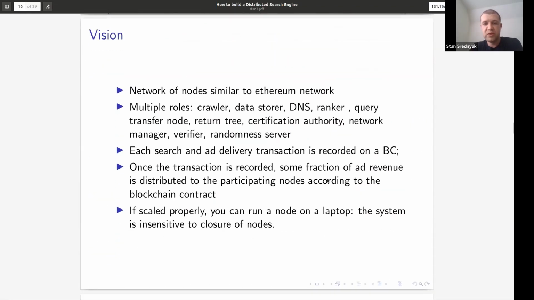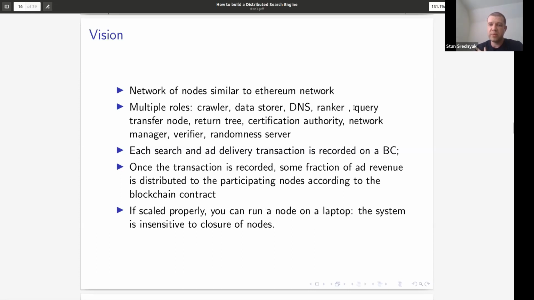So here's the vision, how we think about it. The network would be similar to the Ethereum network. The search will be performed by a system of trustless nodes. There will be multiple roles, and such roles include crawling the web, data storage, ranking, and query accumulation.